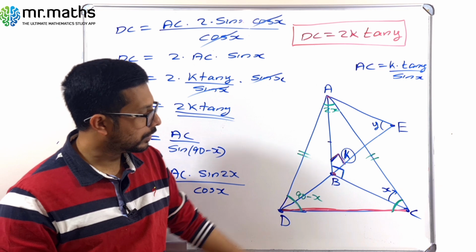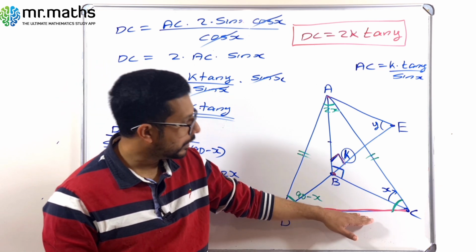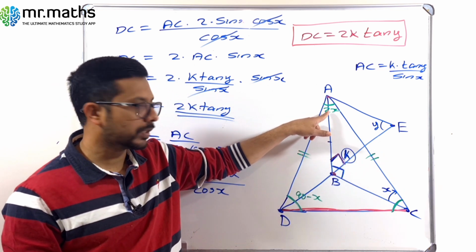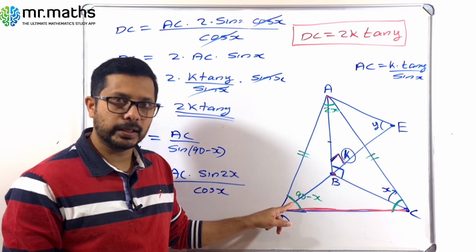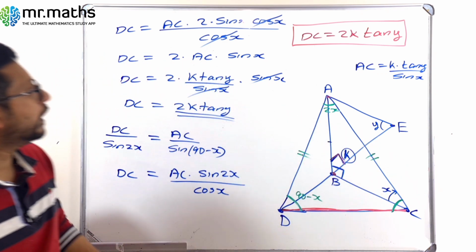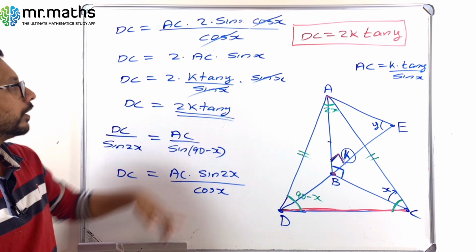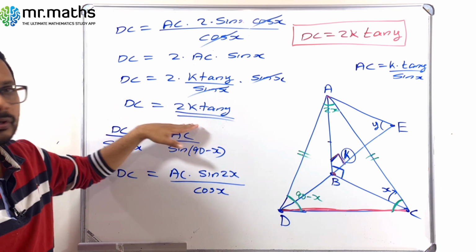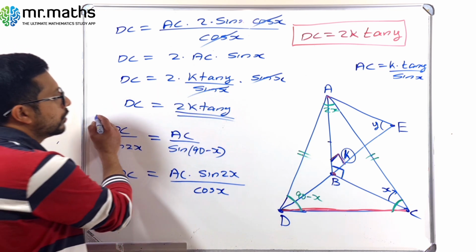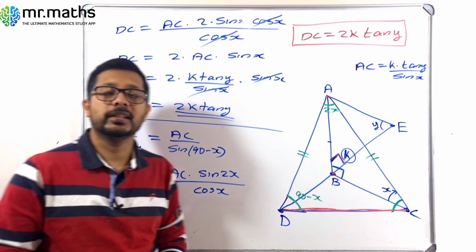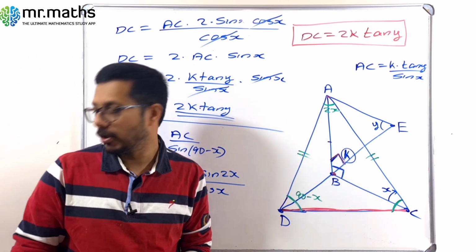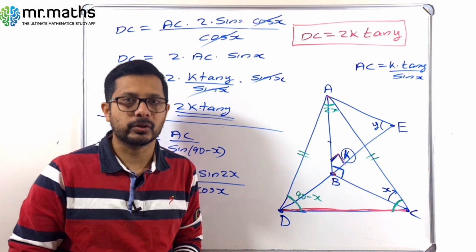Then we applied the sine rule: DC divided by sine 2x is equal to AC divided by sine 90 minus x. We already know that AC is k tan y, so substitute that and we got the expression. So that is question number 7.3, and I think that's the end of the November 2017 trigonometry section.